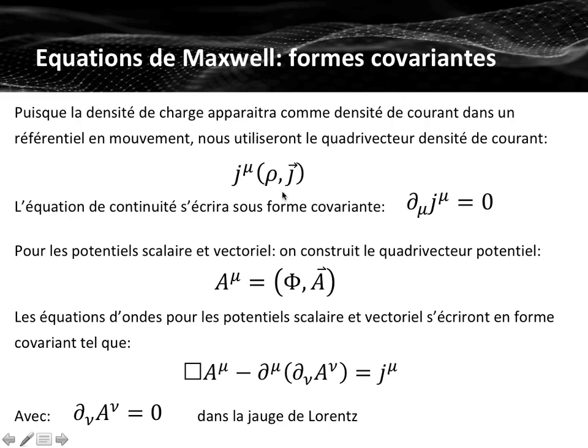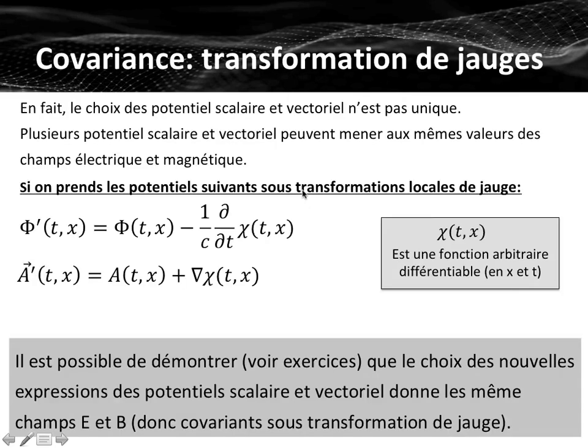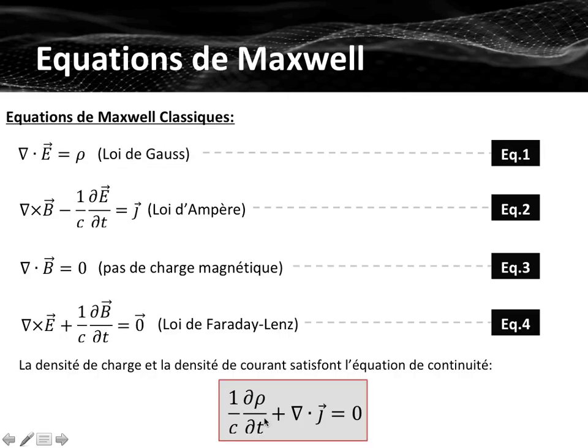Now it's easy to see that the continuity equation, if you remember from chapter 1, what is the 4-gradient, or the 4-vector gradient?